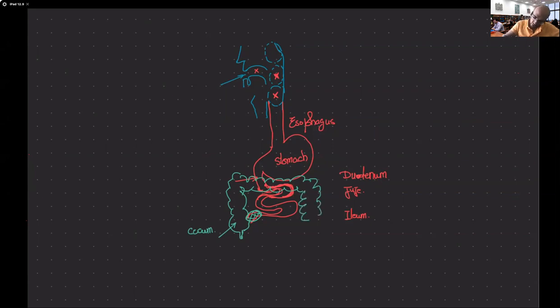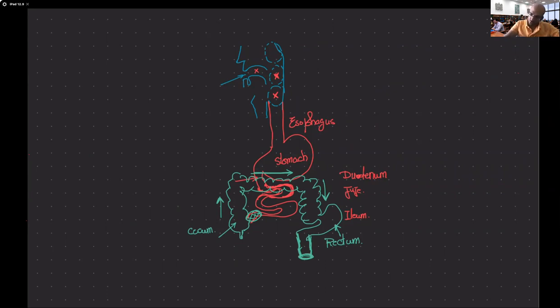Here we've got the ascending colon, transverse colon, descending colon, and I have the S-shaped part on here. This is my sigmoid colon. Then I have the straight part of the large intestine. This is called the rectum. That will be conducting the feces to the anal canal to be released out through the opening of the anal canal. This is the anus.